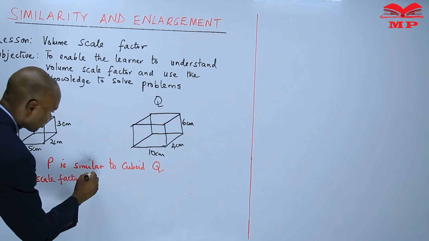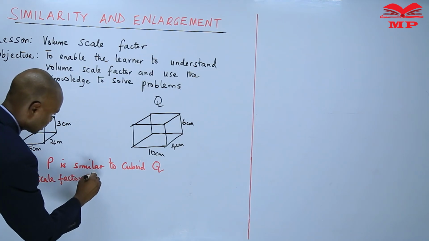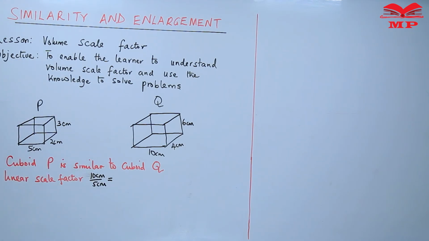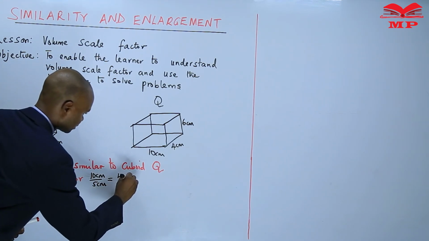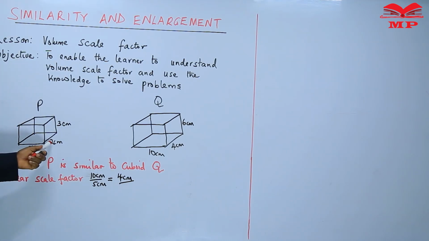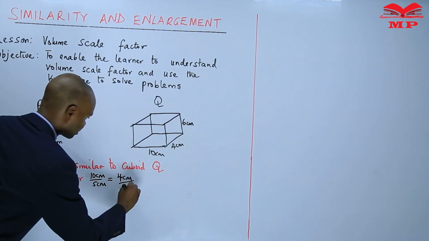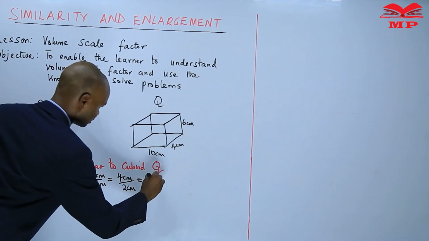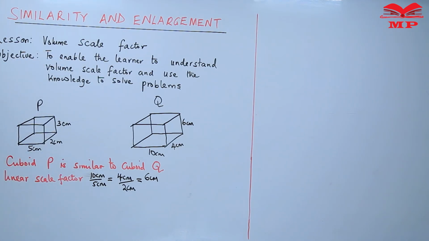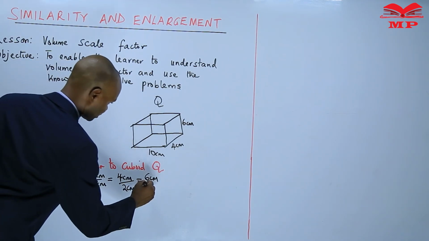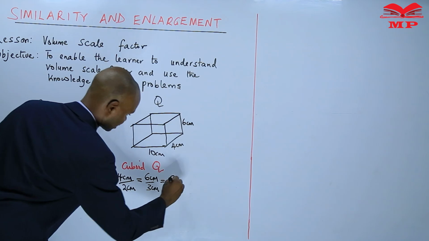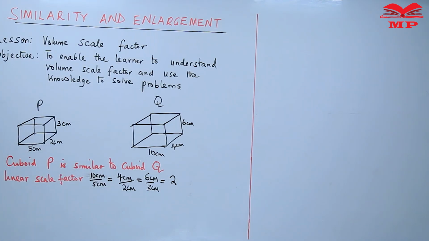So it's 10 centimeters over 5 centimeters, or 4 centimeters divided by 2 centimeters, or still you can take 6 centimeters divided by 3 centimeters. So we get our linear scale factor is 2.